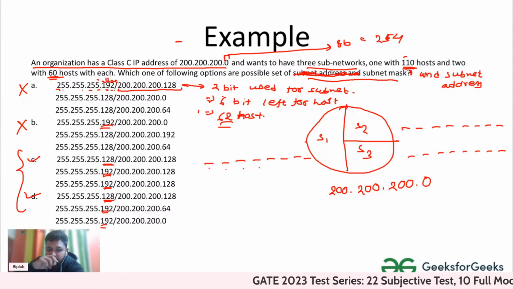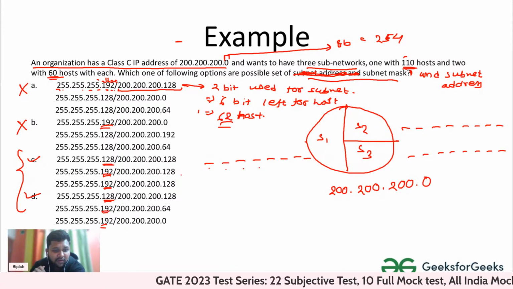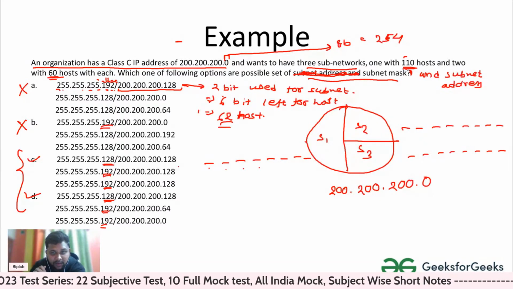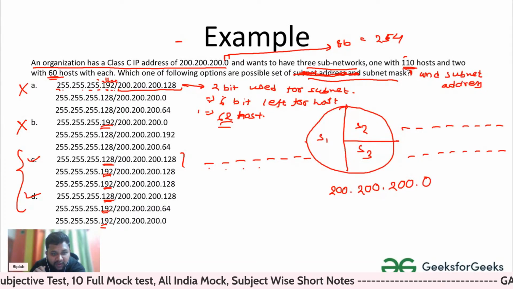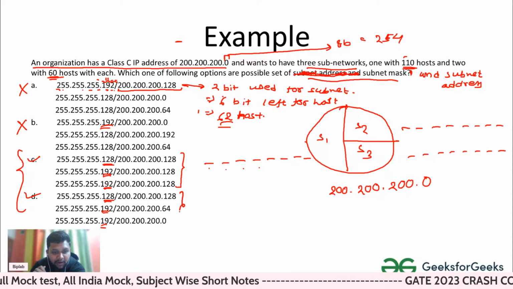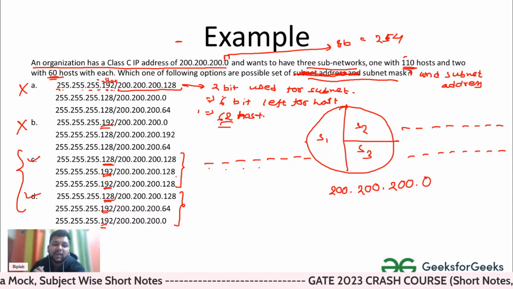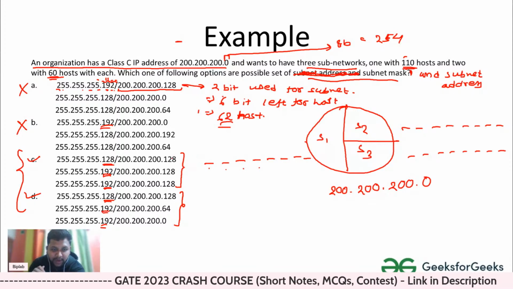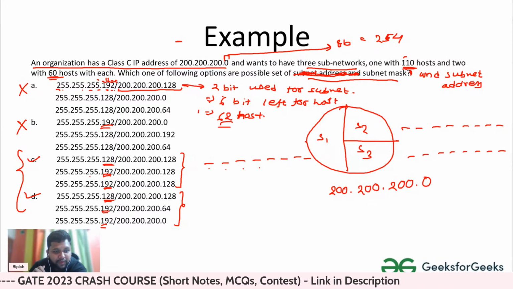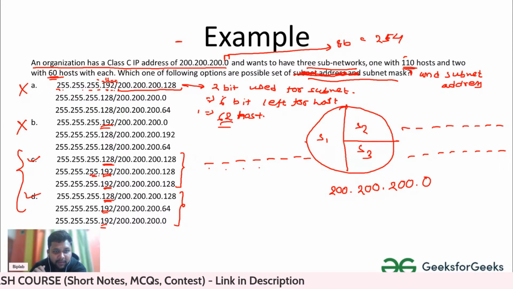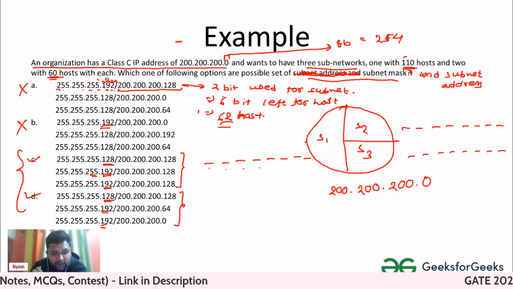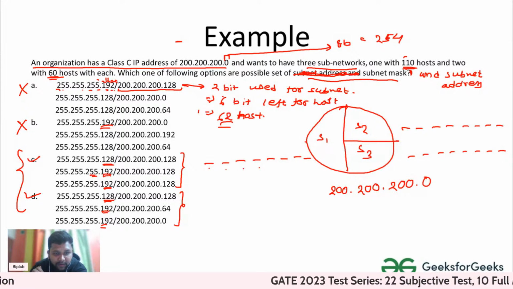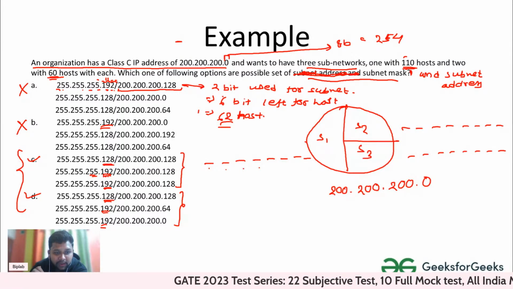Now don't just go for solving, look at where the difference is. They are saying that the subnet addresses are the same for all three subnets. So directly you can say it cannot be possible. But if you also do it mathematically, you are using 2 bits for subnetting.